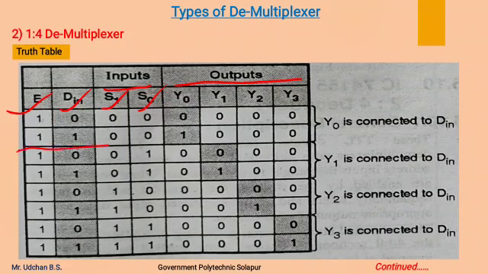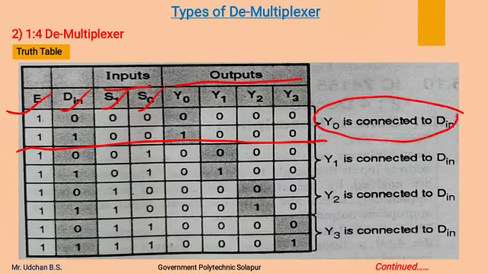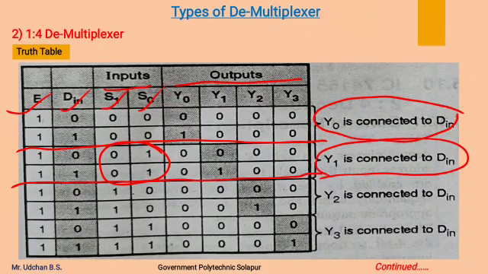Here for the first two cases, S1 and S0 are 0 0, so Y0 line is connected to data input line. For the next two cases, S1 and S0 lines are 0 1, so Y1 line is going to be connected to the data input.